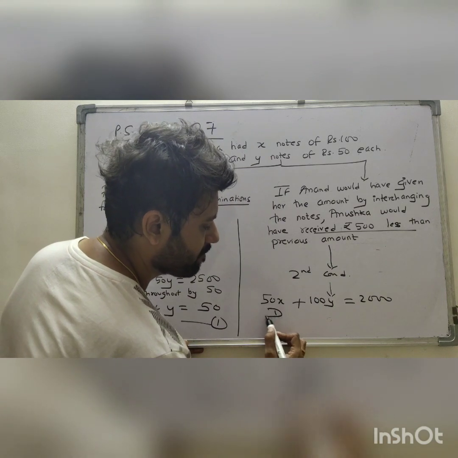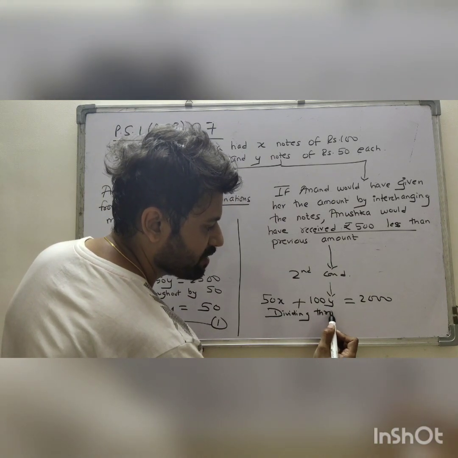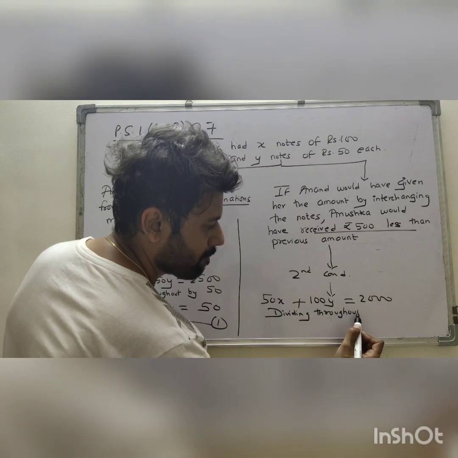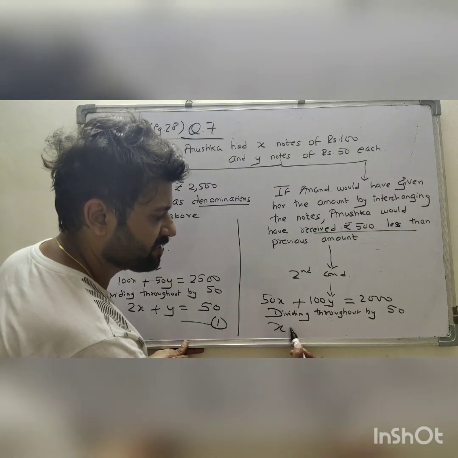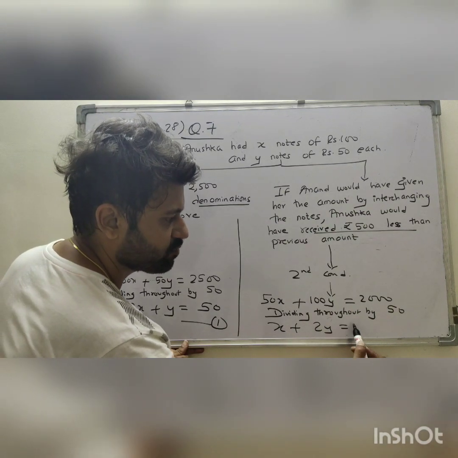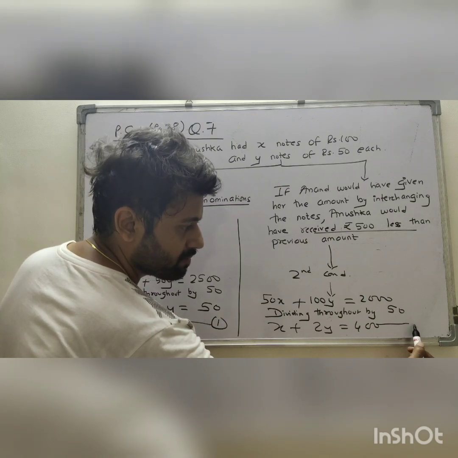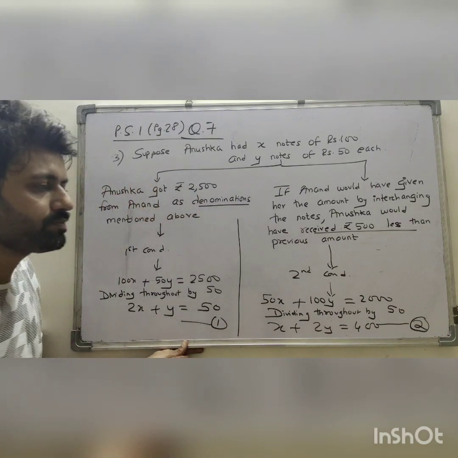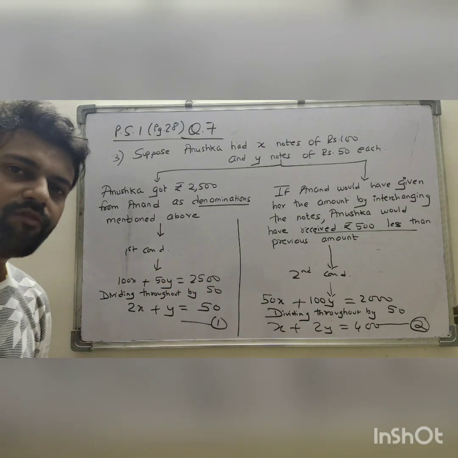Dividing throughout by 50, we get x plus 2y is equal to 5 4s are 20, 40. Equation number 2.